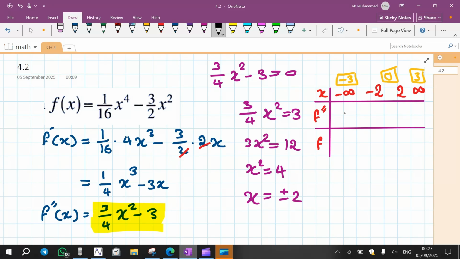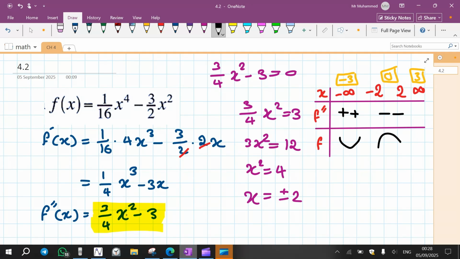When we subtract, we get positive. Positive is happy. So this interval from negative infinity until -2 is concave. Now, if I put 0 in place of x, I'll get 0 minus 3, which is negative, and negative is convex.